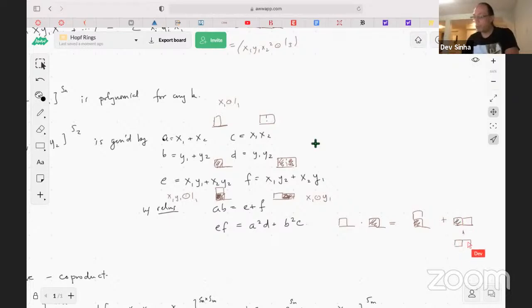And again, there's some commutativity here, and we see that AB equals E plus F. A times B equals E plus F, as we say there. And then this final relation, which I didn't bother to write out, E times F, so that means taking this second degree polynomial times this second degree polynomial.